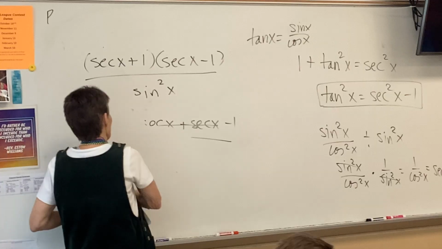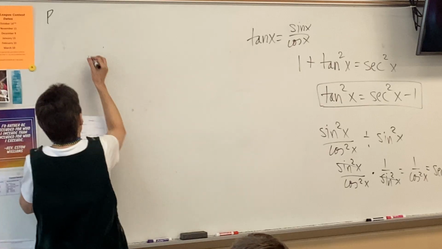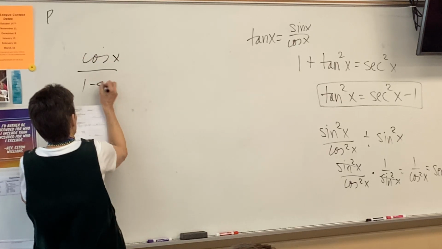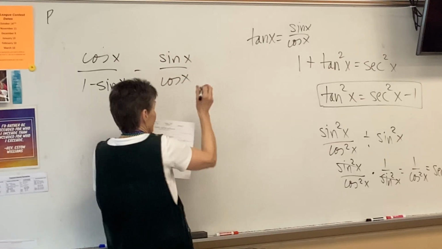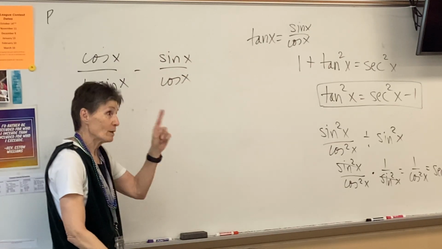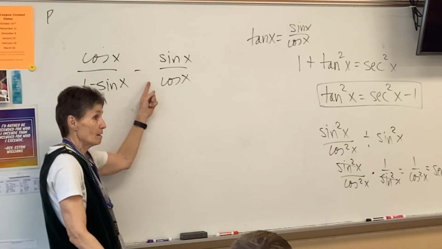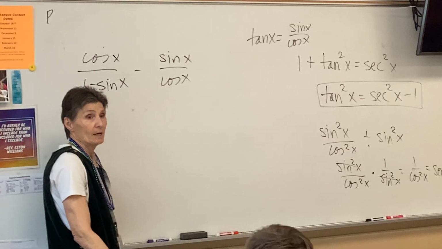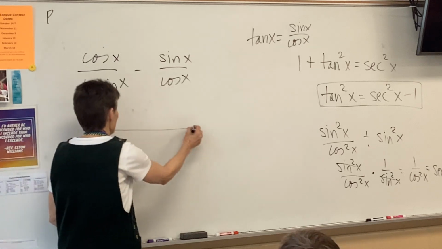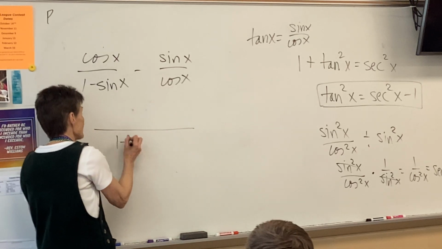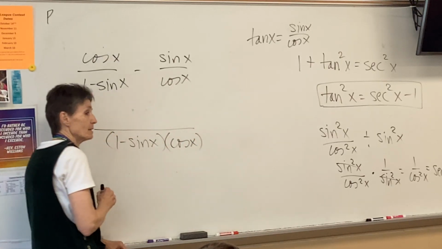All right, here I am again, walking down the sidewalk, and I come upon this problem. I don't know anything about anything, but I know exactly how I'm going to start, because it is a fraction minus a fraction. And what do we do? Common denominator. The common denominator is going to be 1 minus sine times cosine.